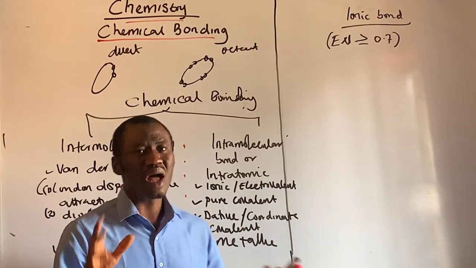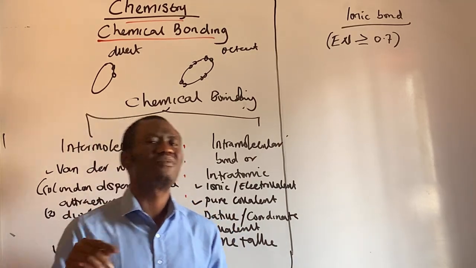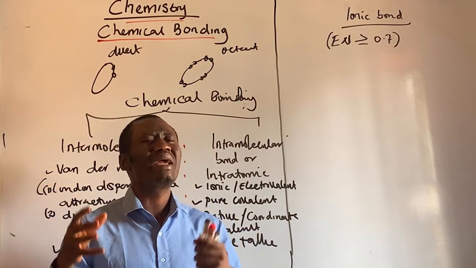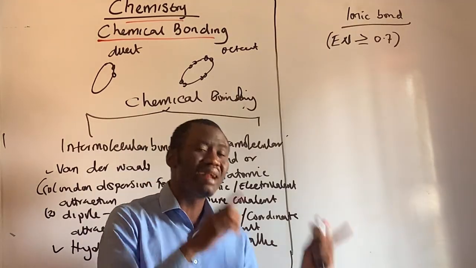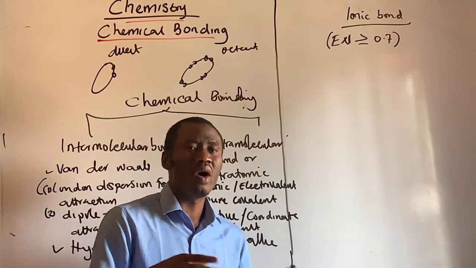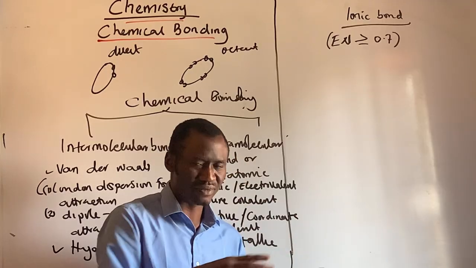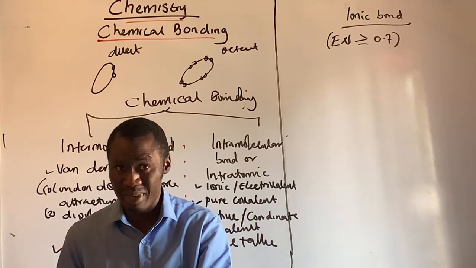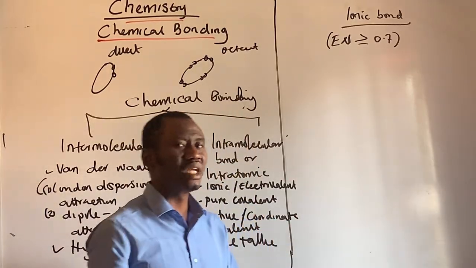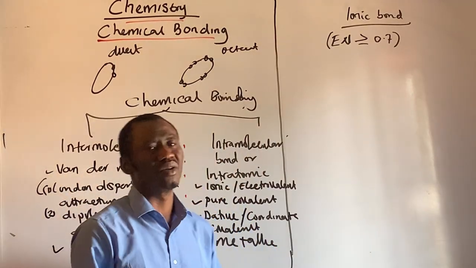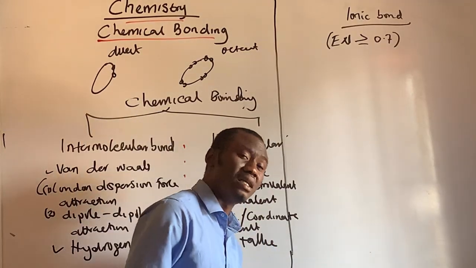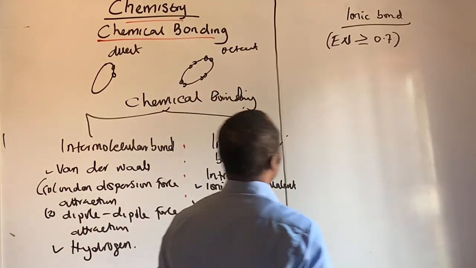You can also say it is the transfer of electrons from a lesser electronegative element to a much more electronegative element. The lesser electronegative element is the metal, and the other is the non-metal. Now, let's give some examples.